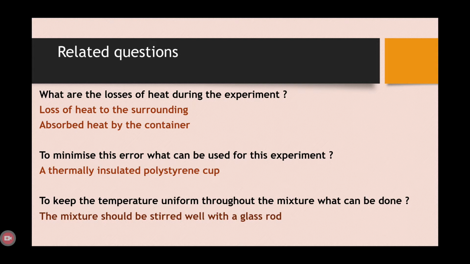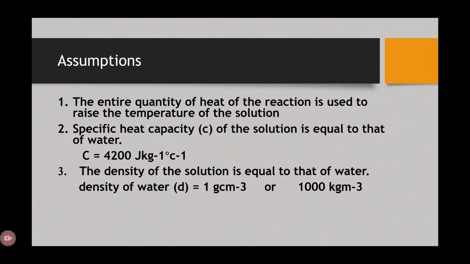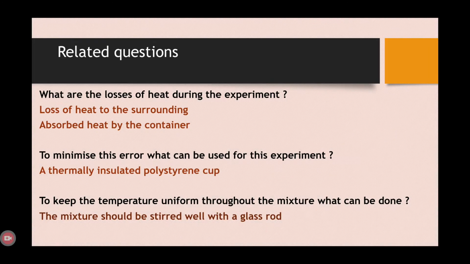Then related questions. What are the losses of heat during the experiment? Loss of heat to the surroundings, and heat absorbed by the container. Those are the losses of heat. But we assume the entire quantity of heat is used to raise the temperature.